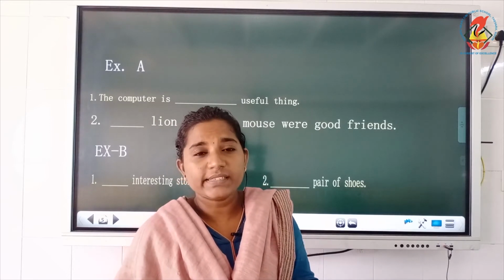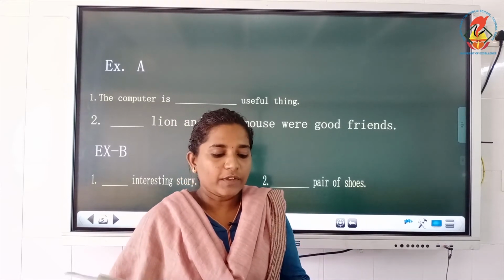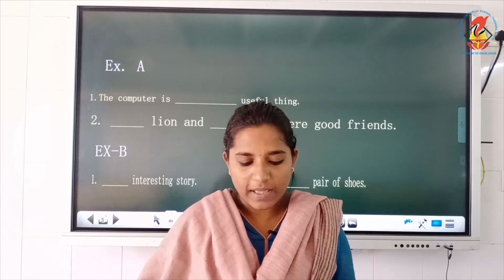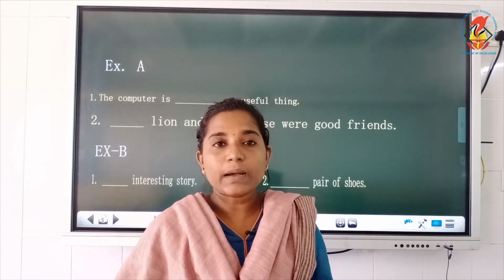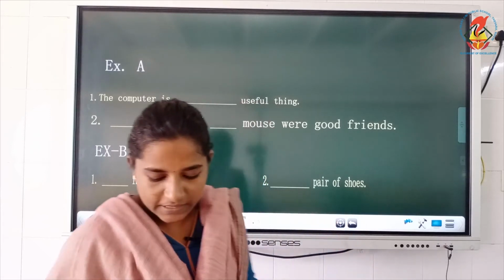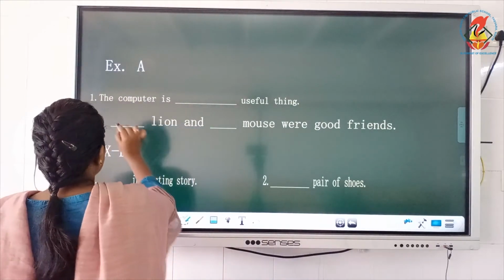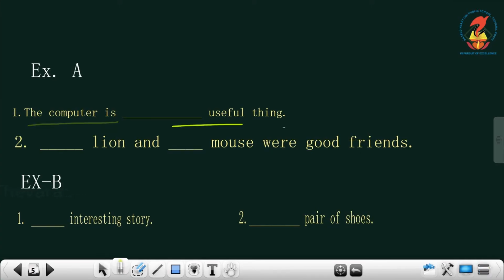Now, exercise A. Fill in the blanks with a or an. The computer is dash useful machine. It is U. It is a vowel letter, but the sound is a consonant sound.